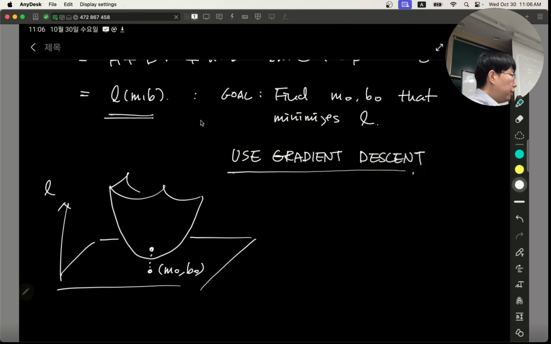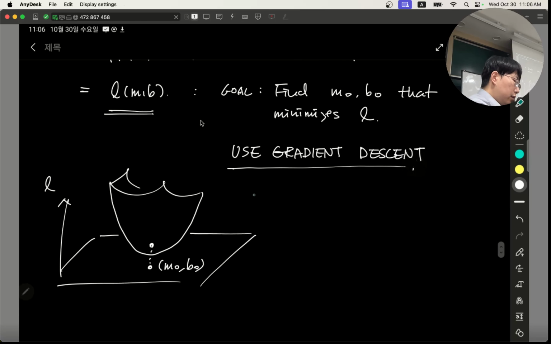So what is the gradient? The gradient of a function is a vector whose coordinates come from partial derivatives. Let's say your function is a two variable function, then the gradient is a two-dimensional vector whose coordinates are fx and fy. What does that mean?